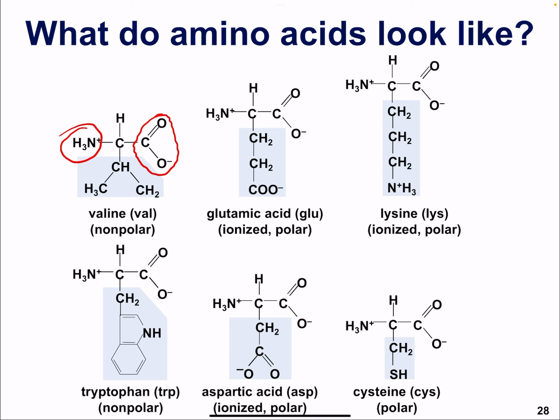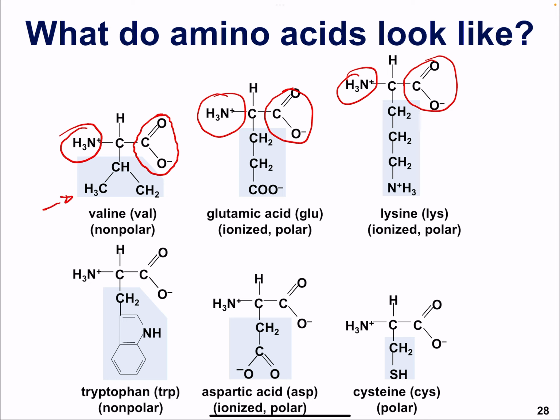All amino acids are going to have a carboxyl group and an amino group, regardless of the amino acid. However, these amino acids are going to be different one from another by a side chain that is different.